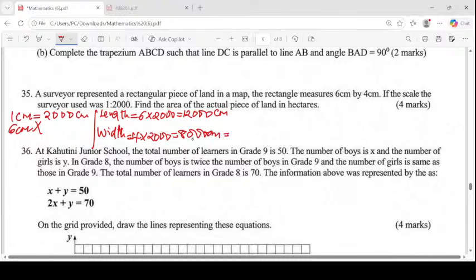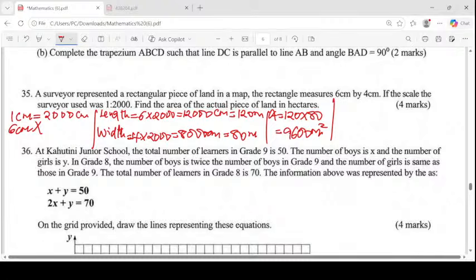When you divide by 100, you get 80 meters, and this one you get 120 meters. Let me calculate area. Area is length times width, so 120 times 80. This gives an area of 9600 square meters.